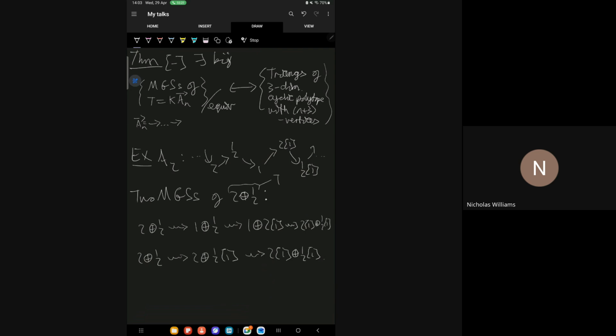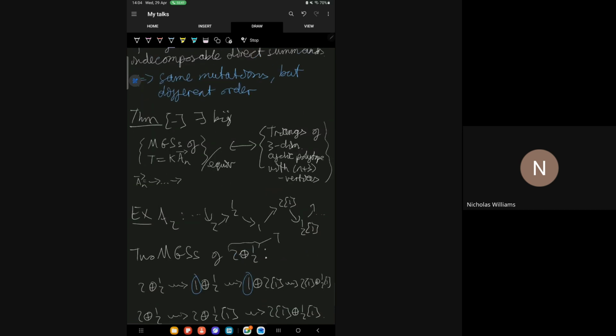One can, for instance, see that these two maximal green sequences are not equivalent on the definition I gave, because the first one has 1 as an indecomposable summand, and the second one doesn't. And you can also see that we've done different mutations.